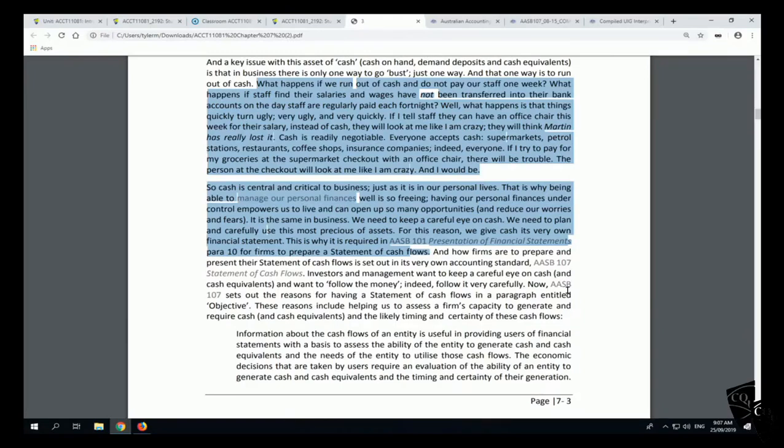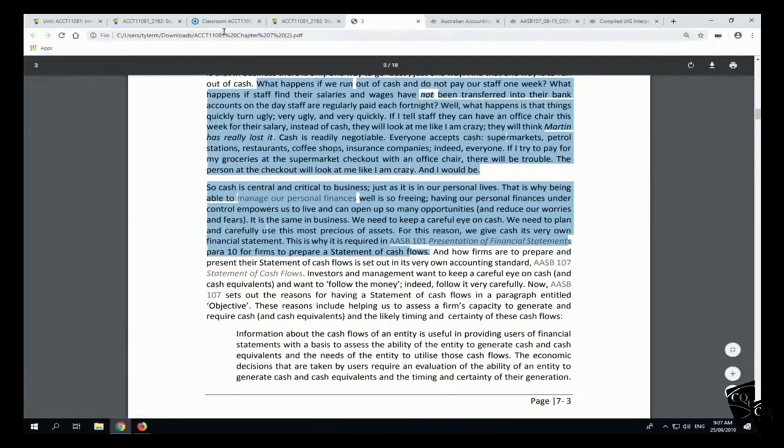This is why it is required in AASB 101 Presentation of Financial Statements, Paragraph 10, for firms to prepare a cash flow statement. So in fact, the statement of cash flows actually has its very own accounting standard. Okay, we call it AASB 107.